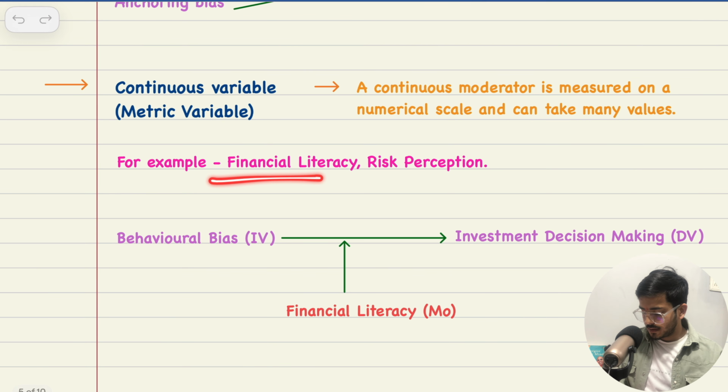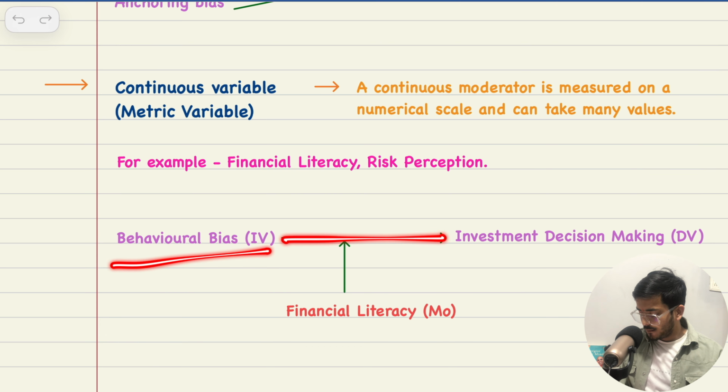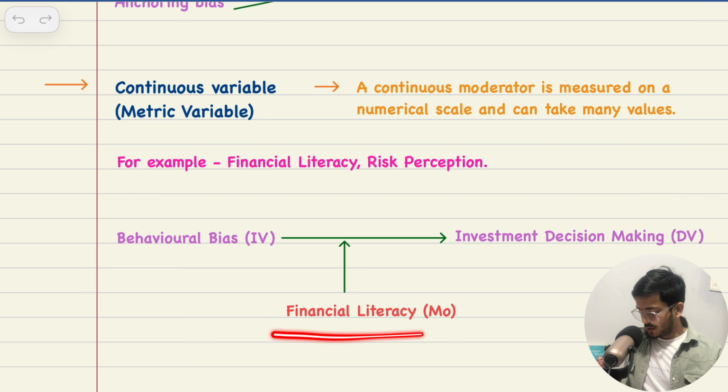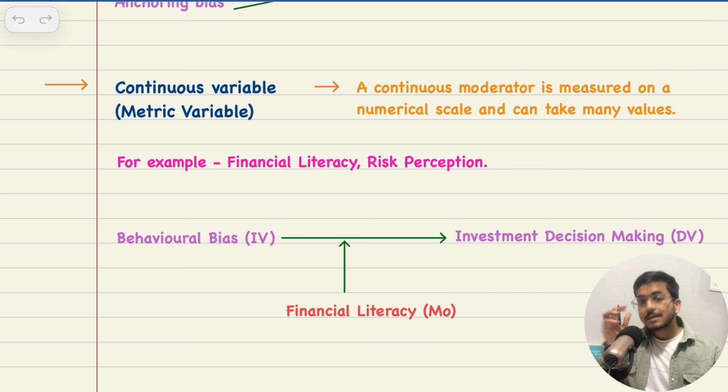For example, financial literacy, risk perception. Like behavioral bias is impacting investment decision making, and financial literacy is impacting their relation. It could be they are increasing the impact of behavioral biases, or they are decreasing the strength or direction of behavioral biases on investment decision making. Okay, so financial literacy is a moderating variable, but it is a continuous moderator. It is not a categorical moderator, because here you cannot categorize financial literacy, for example, if you are making a questionnaire where you ask educated, uneducated.